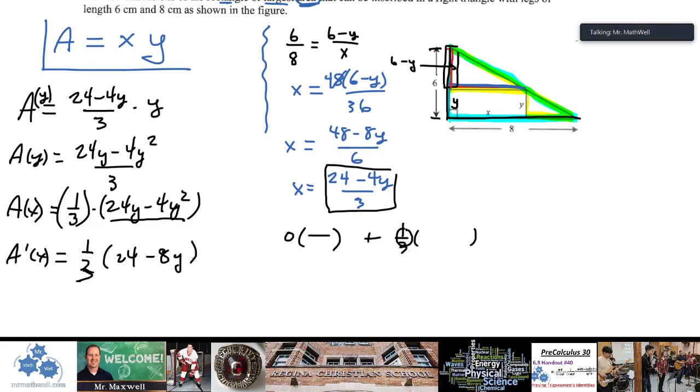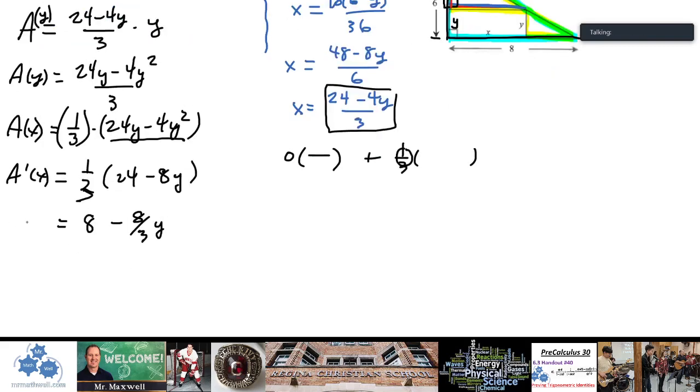Okay, so here's just a little bit further on. Maybe you've had a chance to try this. Just doing the derivative for you here. It's going to be 1/3 times 24 minus 8y, which can be simplified. 24 over 3 is 8 minus 8 over 3 y. Let's set that equal to 0 and solve for y. So we'll get negative 8y over 3.